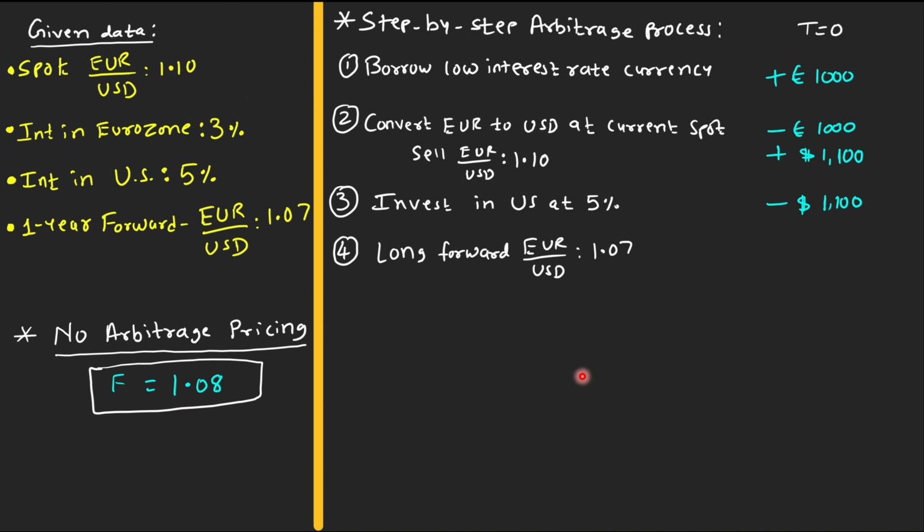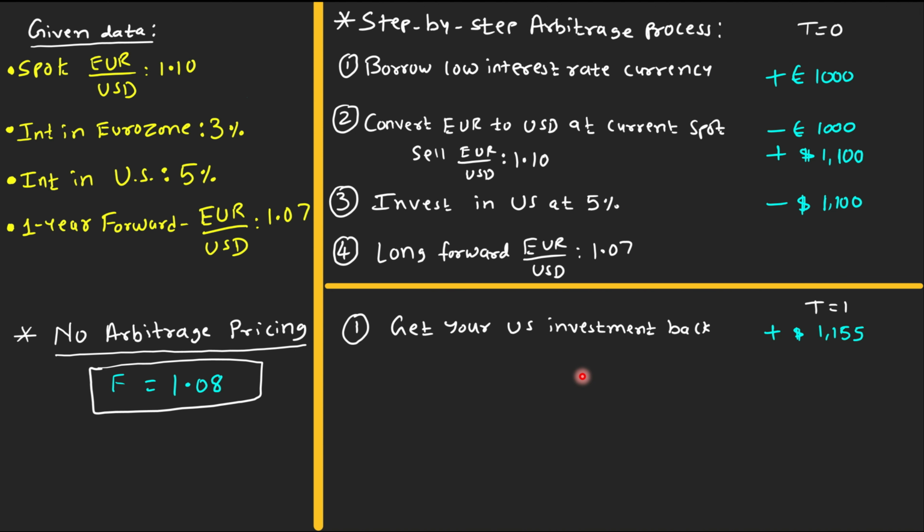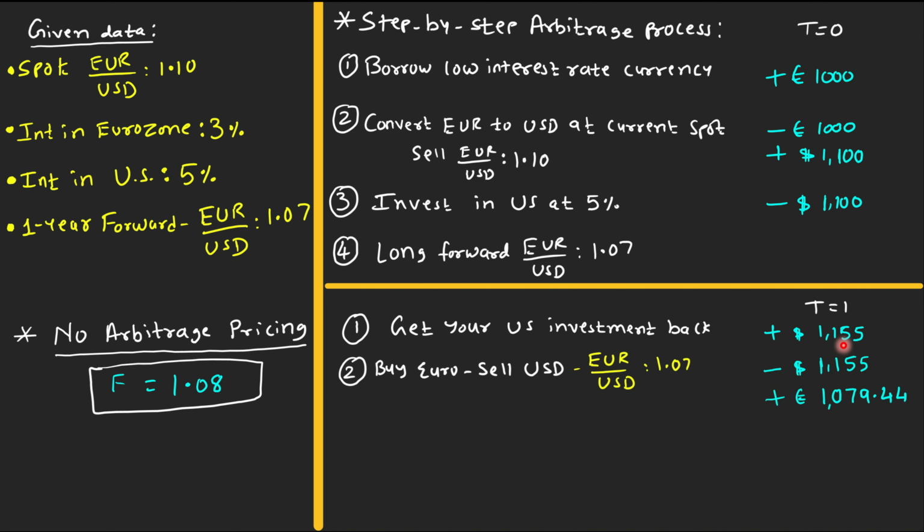So at time t equals 1, you get your US investment back. We invested 1,100 US dollars at 5%, so after 1 year, at t equals 1, we get 1,155. At the same time, remember, we went long the forward contract where we said we're going to buy euros and sell US dollars at 1.07.